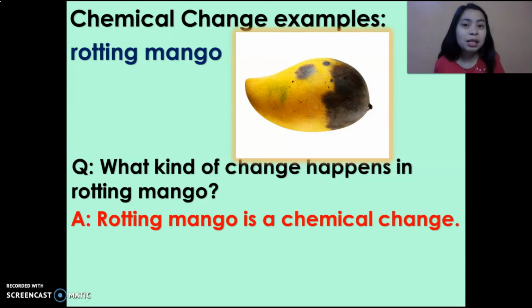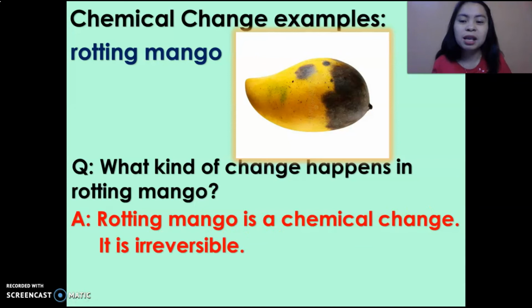Yes, rotting mango is a chemical change. Again, and rotting mango is irreversible. Okay, all that happens in chemical change are irreversible.